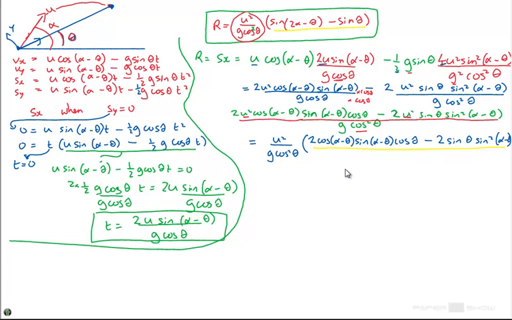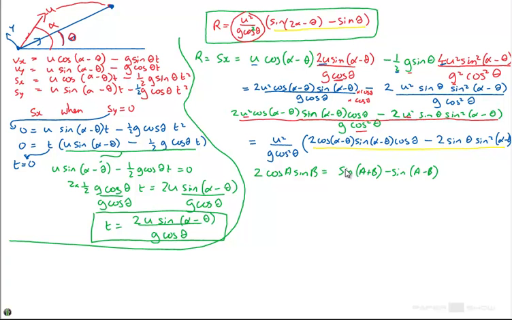So where to start? Well, you want to look into your log tables now, and pick out different rules that could work. On page 15 you'll notice that you've got 2 cos A sine B is equal to sine A plus B minus sine A minus B. We'll definitely be using that somewhere.